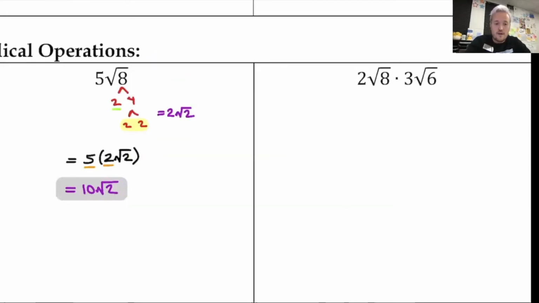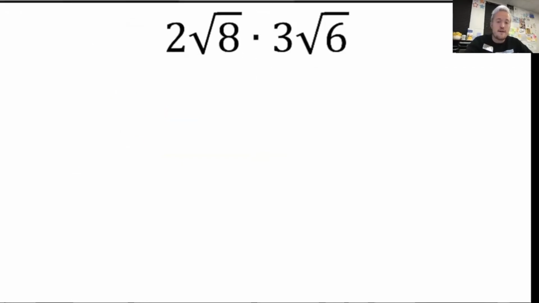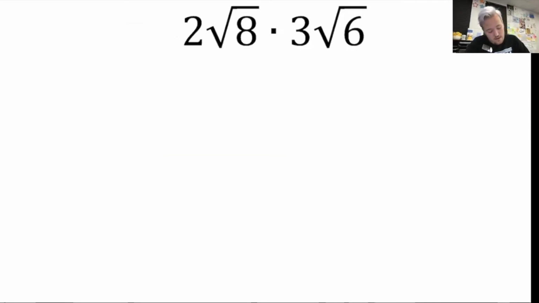All right, now over here, for the next one, we have 2 root 8 times 3 root 6. It's the same idea. I'm going to reorganize it, group my outside values together, and multiply the inside values together. So 8 and 6 are going to be grouped together.